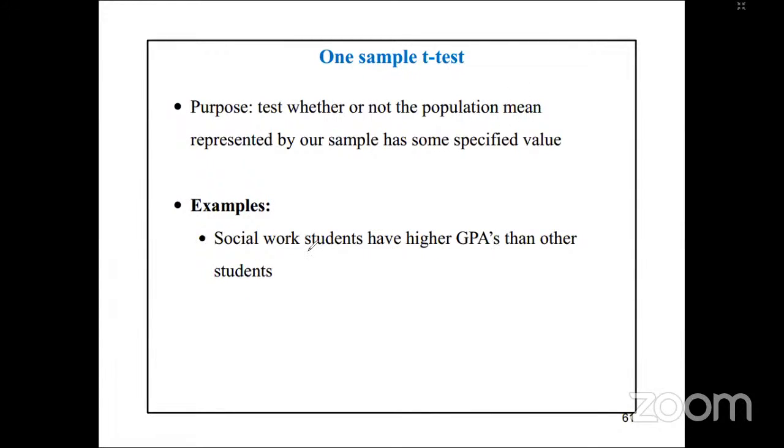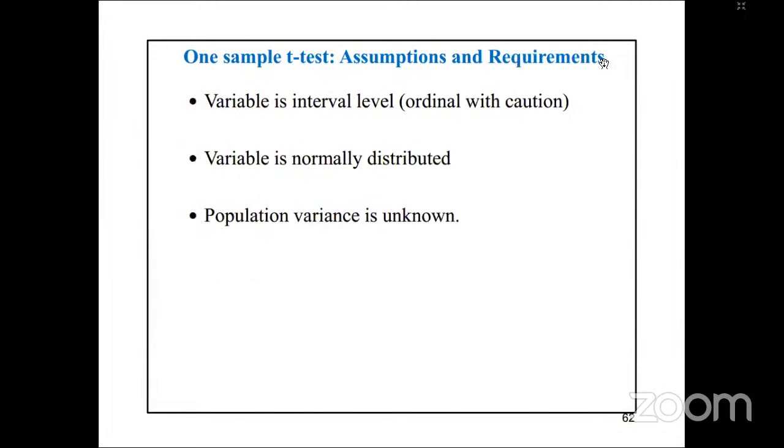For example, one example I have taken: social work students have a higher grade point average than other students. This is my hypothetical statement. I suspect that one. Okay. There are a few assumptions required for applying the one sample t-test.